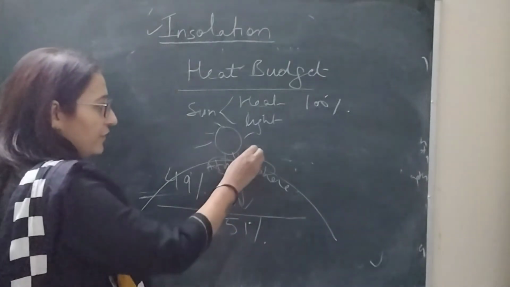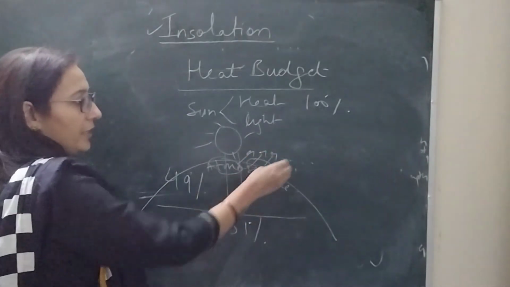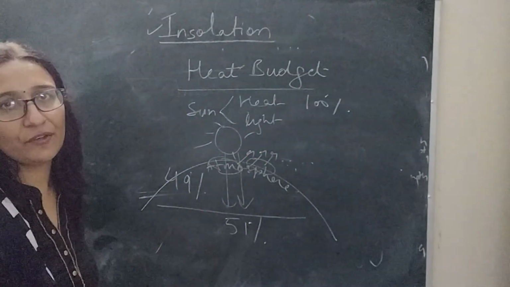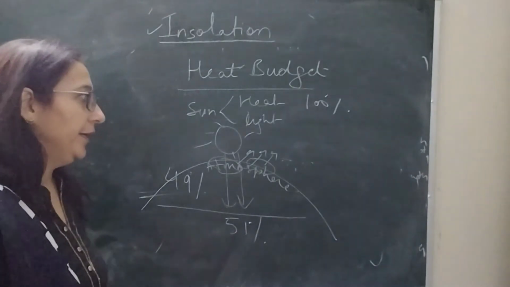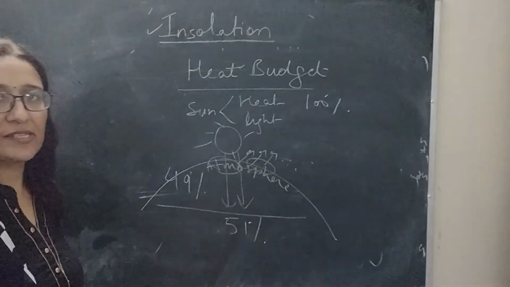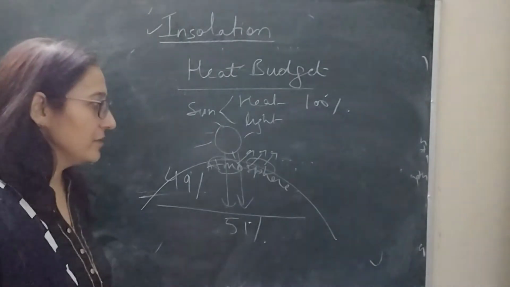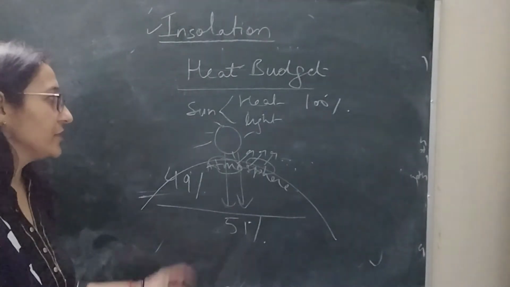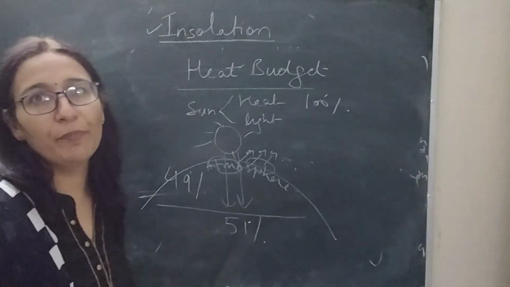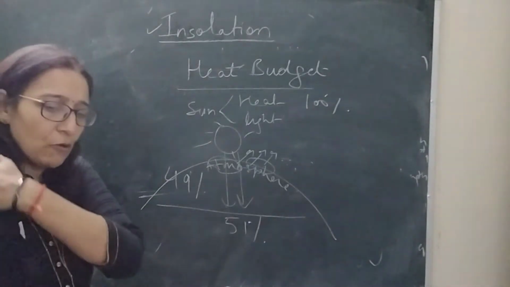Like clouds reflect the sun rays back, gases and dust particles absorb the sun rays. That's why the earth receives only 51% heat and light. 51% is sufficient, that is suitable for life. If the earth received 100%, life would not be possible. This is about heat budget.